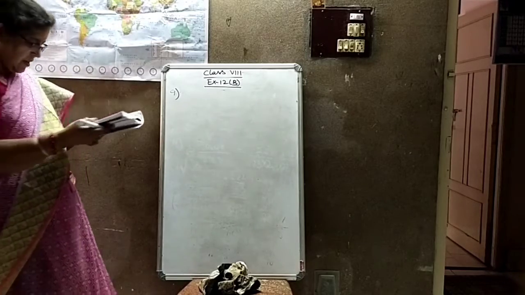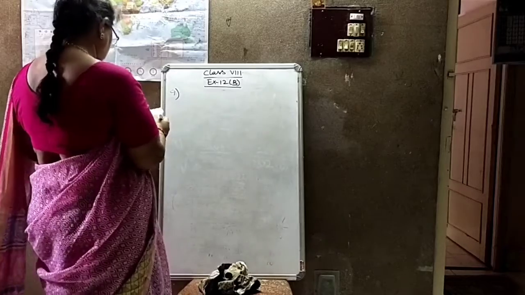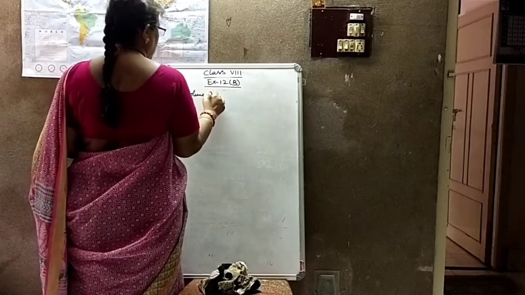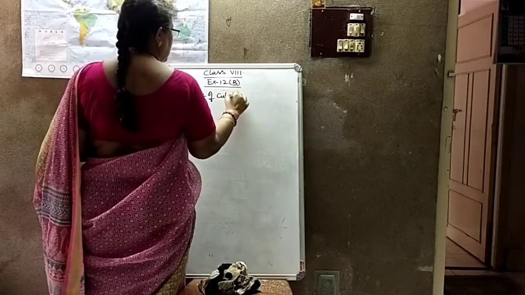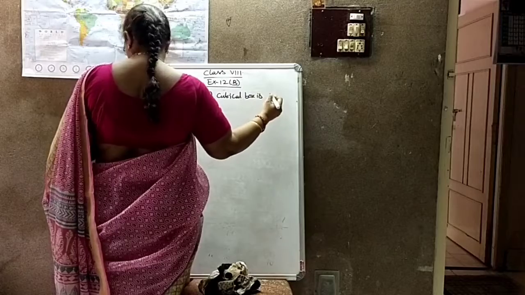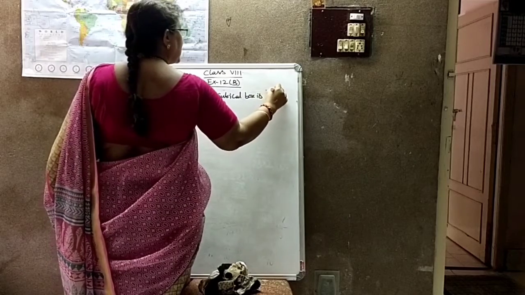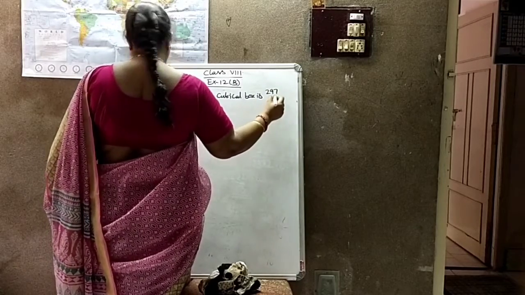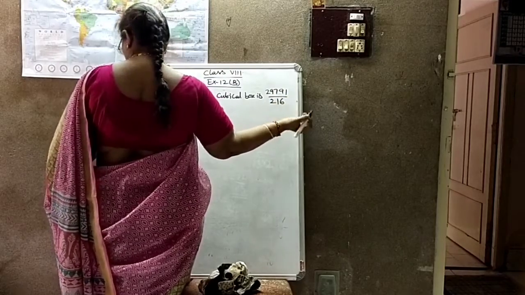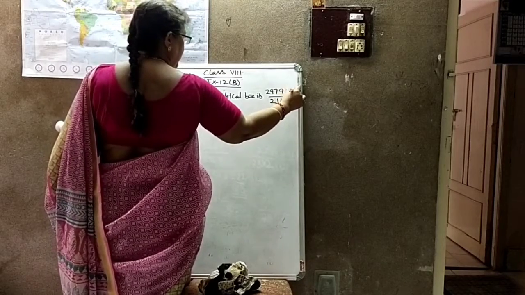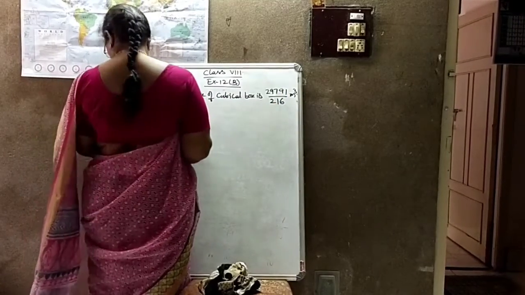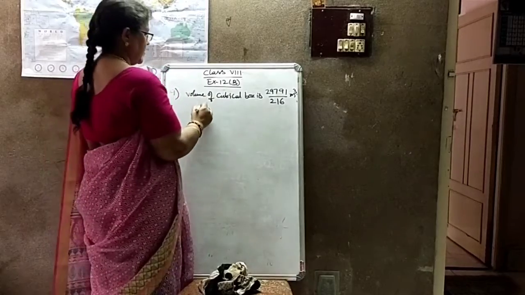Now coming to the 7th one. The volume of a cubical box is 29791 by 216 meter cube. Find its side.